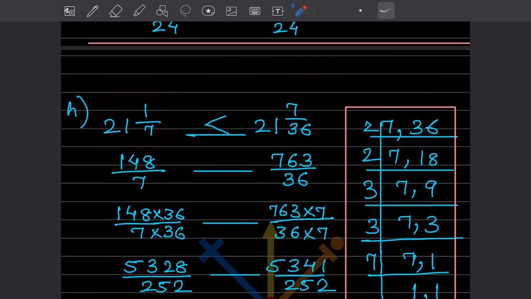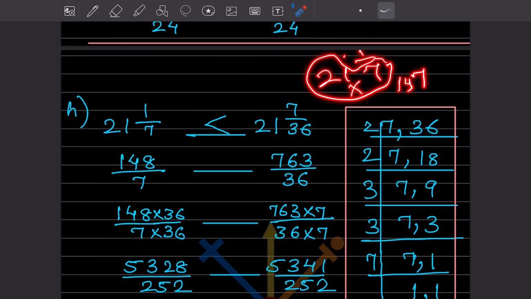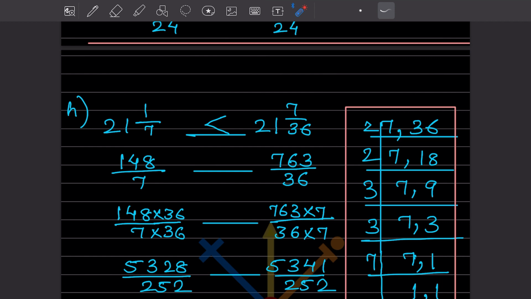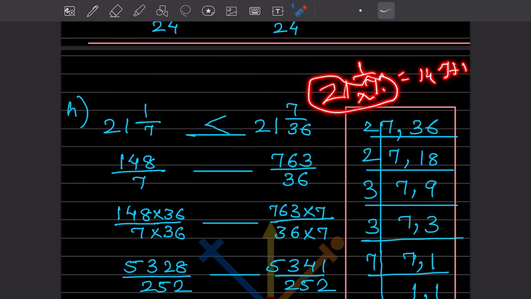So here, 21 integer 1 by 7. You are going to multiply this one. 21 times 7 is 147, and here is 1. This is multiplication, and then 147 plus 1, divided by the denominator, that is 7.